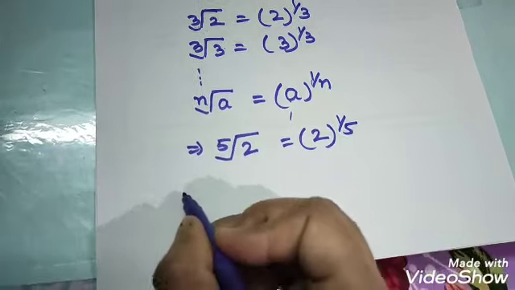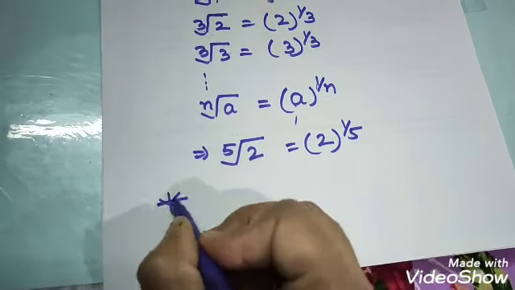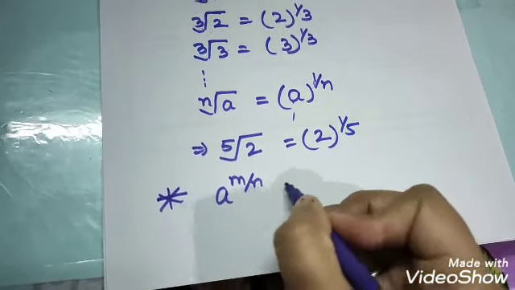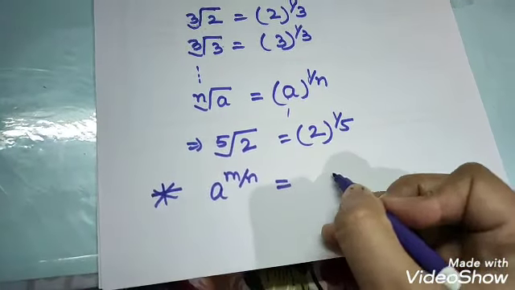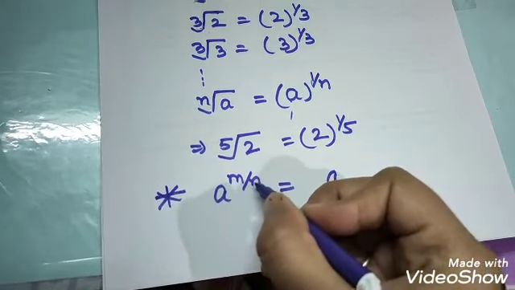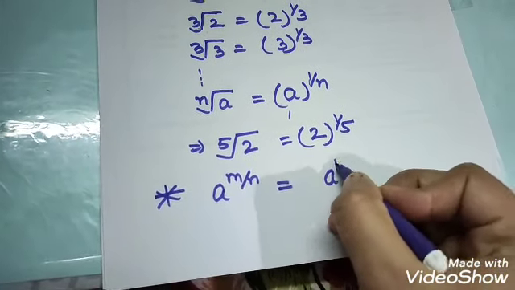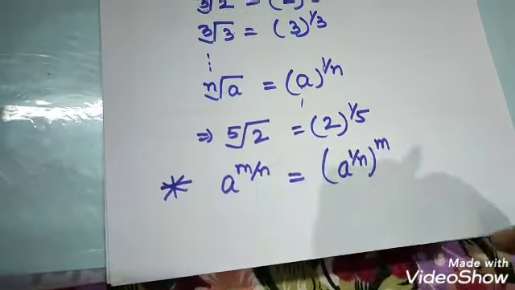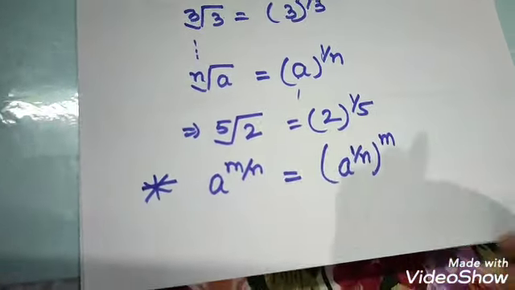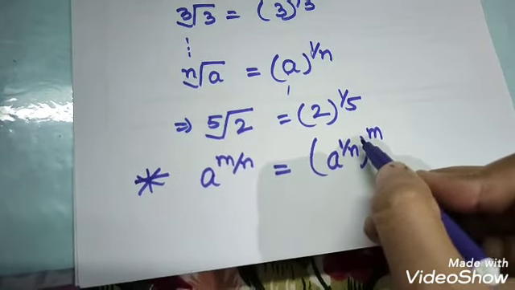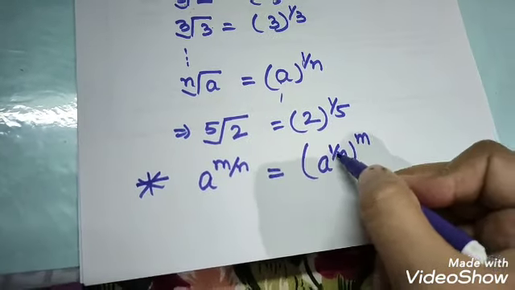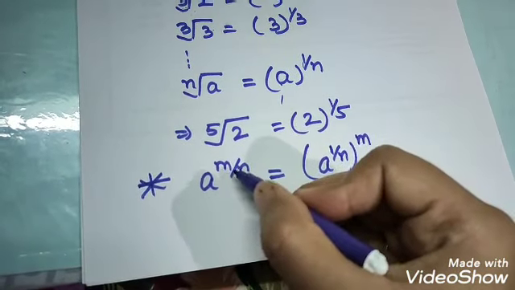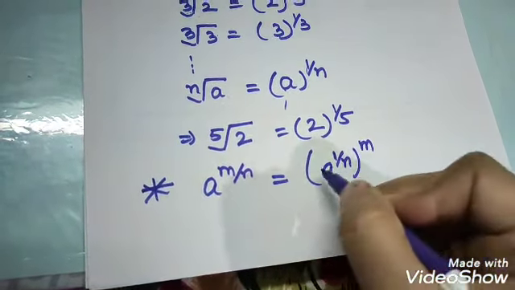So if I am writing, suppose, a to the power m divided by n. Now look carefully. I am writing a to the power 1 by n, whole to the power m. I can write this. Why? Because in the end these two powers get multiplied and we will get m divided by n.